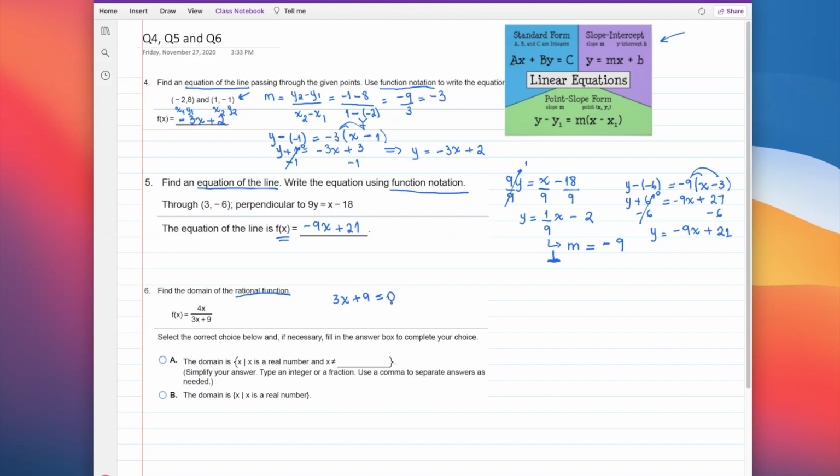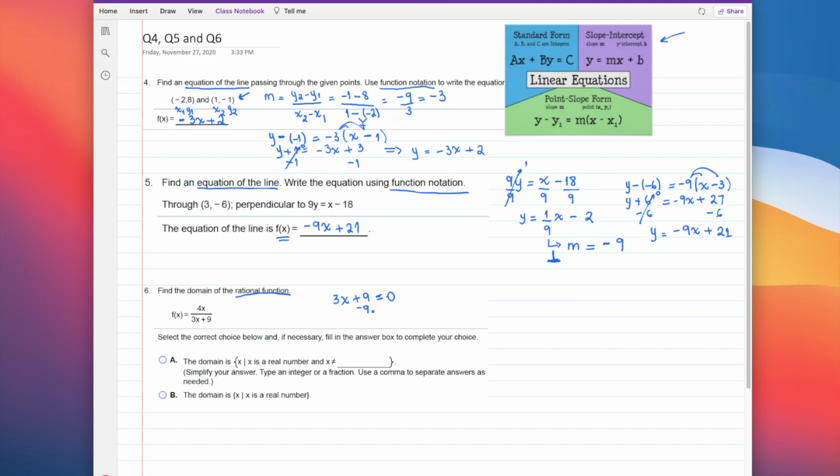So I have to find what value of x makes it 0 to not include that variable in my domain. I cannot feed my function with that variable because it would give me an undefined output, and then I would not be able to have an ordered pair for that particular function with that variable x.